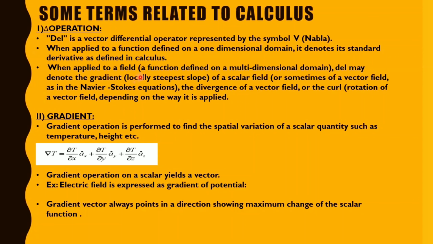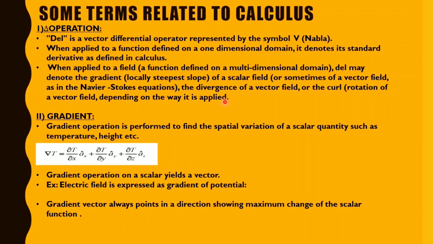Whenever it is applied to a field, that is, a function defined on a multi-dimensional domain, del may denote the gradient, the locally steepest slope of a scalar field, or sometimes of a vector field, as in the Navier-Stokes equation. It may also denote the divergence of a vector field or the curl, depending on the way it is applied.